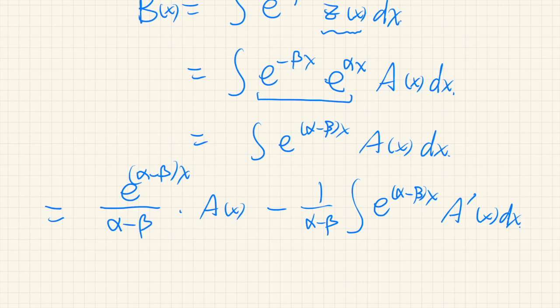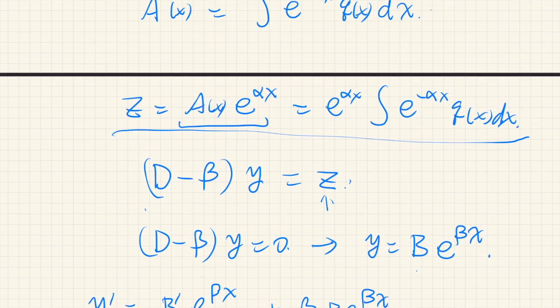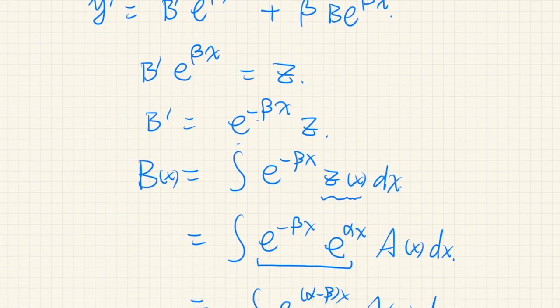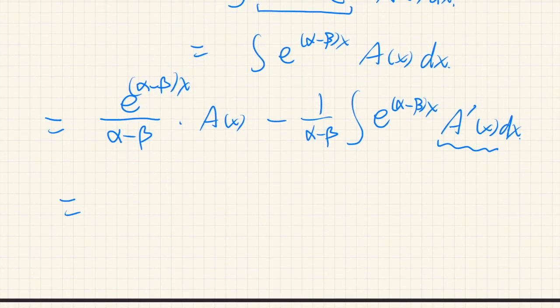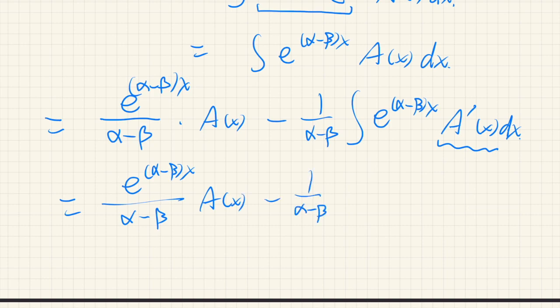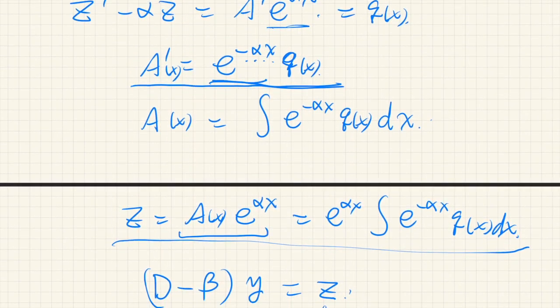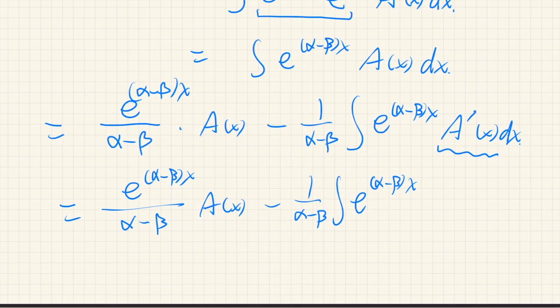And this a prime is equal to this, so let's use that. And okay, so 1 over (alpha minus beta), and exponential of (alpha minus beta) x, and what was it? Let's see, exponential of negative alpha x times q of x.